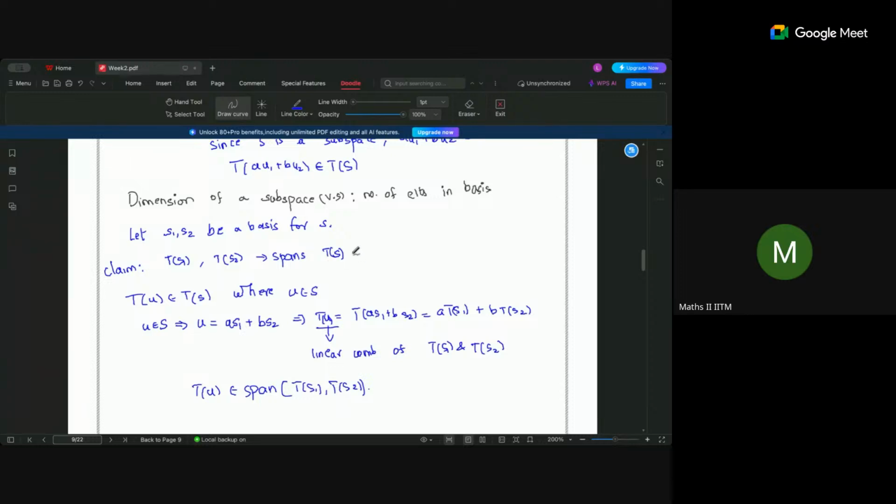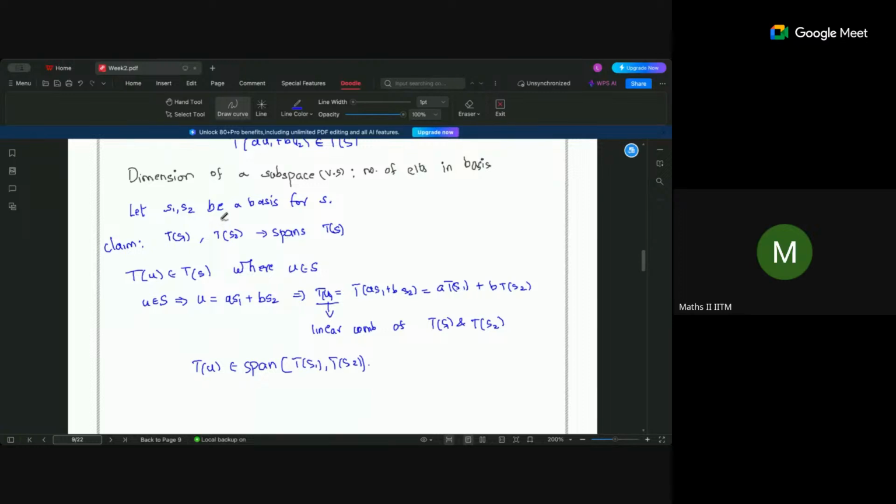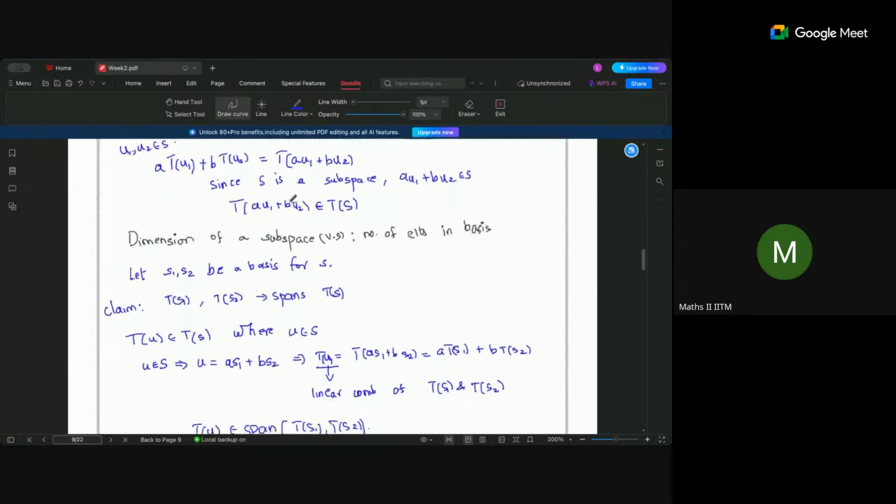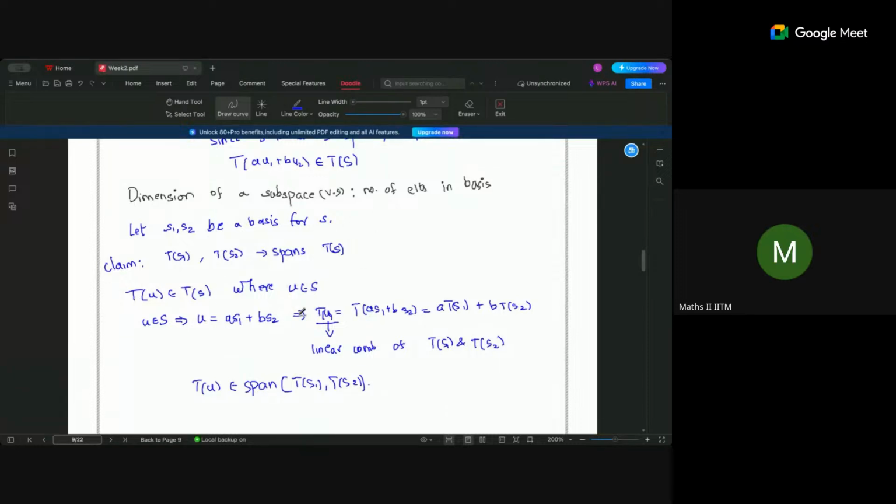So if this spans T of S, what is the thing we wanted to show? We wanted to show that the dimension of T of S is less than or equal to the dimension of S. How is that clear from this previous statement?